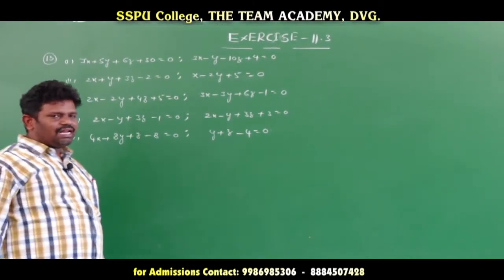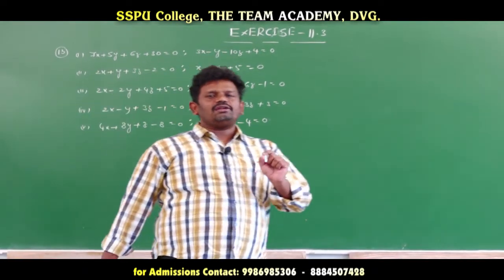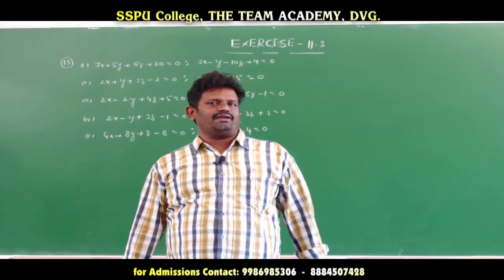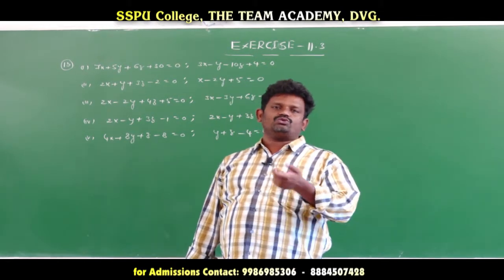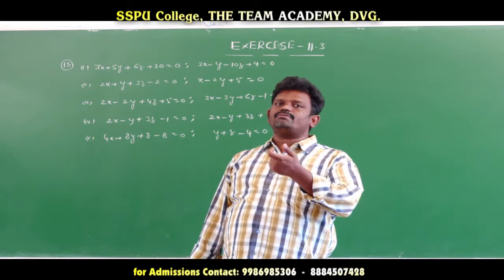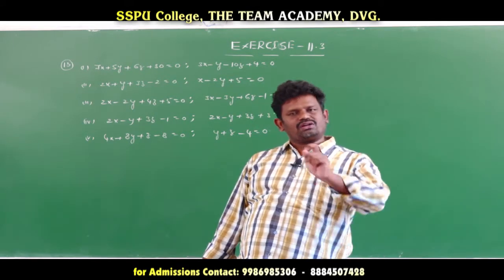So already we know the conditions. For any two planes given in Cartesian form, the parallel condition is that the ratios a1 by a2, b1 by b2, c1 by c2 are equal.